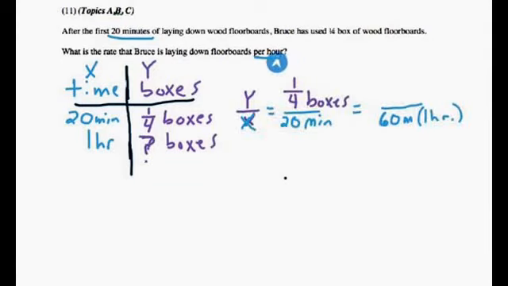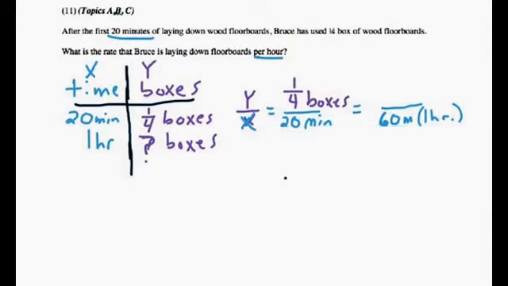When we compare data, Y divided by X, we would have 1/4 boxes per 20 minutes. And our goal, we could do this with equivalent ratios. Our goal would be to say, well, how many boxes would that be out of 1 hour, which is 60 minutes.